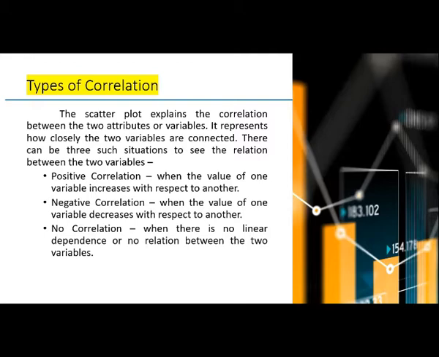Pag sinabi natin positive correlation, when the value of one variable increases with respect to another, kumbaga, two of the variables will increase. So if one variable increases, the other variable also follows or increases. So they increase together. That's positive correlation. So for example, supply and demand.